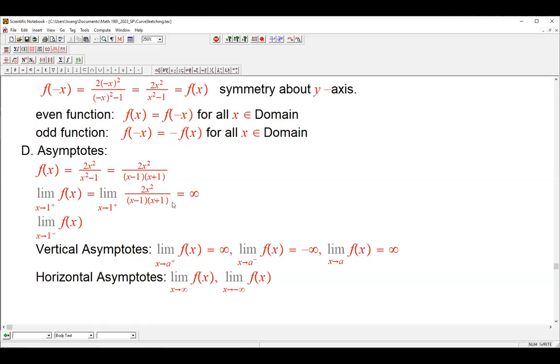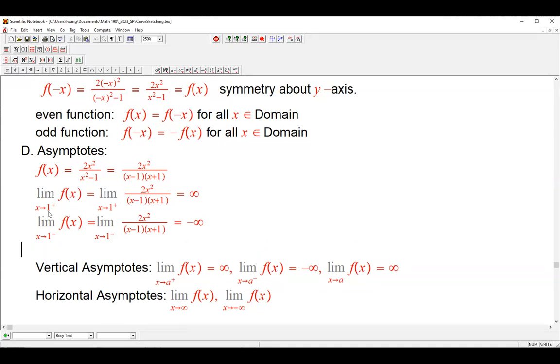When we approach 1 from smaller than 1, this piece becomes negative and the rest is positive, so the limit is negative infinity. So we have a vertical asymptote at 1.